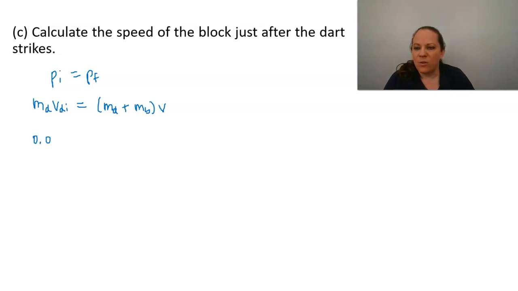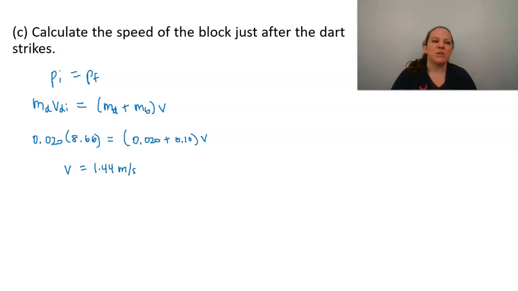We had 0.020 kilograms for the dart times the 8.66 meters per second from part A. And then we're going to add the two masses. And when we solve this, and again, I don't have all of the algebra shown for you today, but we will get 1.44 meters per second.